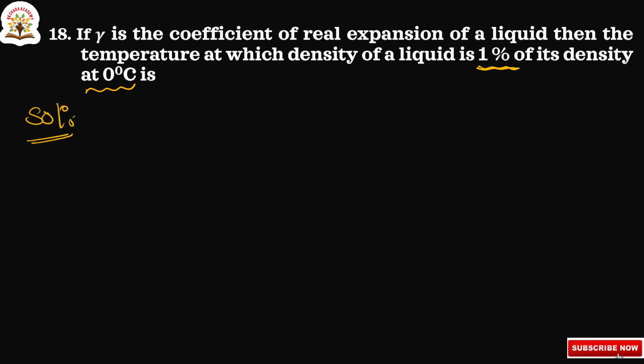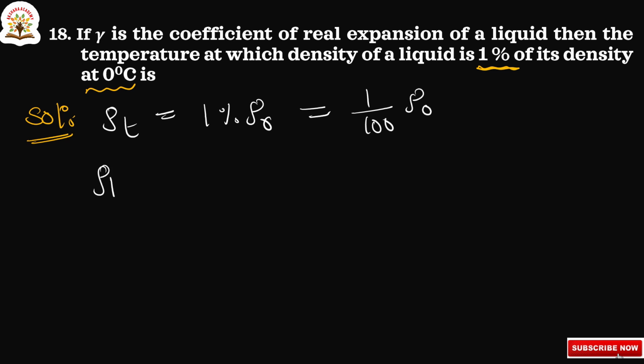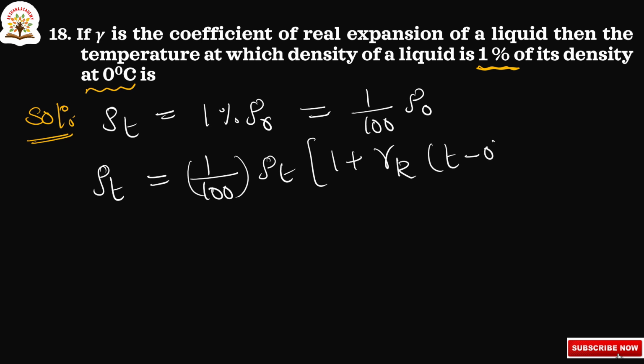Here they given the density at T degree centigrade, rho T is equal to 1% of rho naught. This can be written as 1/100 into rho naught. So the density at T degree centigrade, rho T, is equal to 1/100 into rho naught. This can be written as rho T into (1 plus gamma r into (T minus 0)).